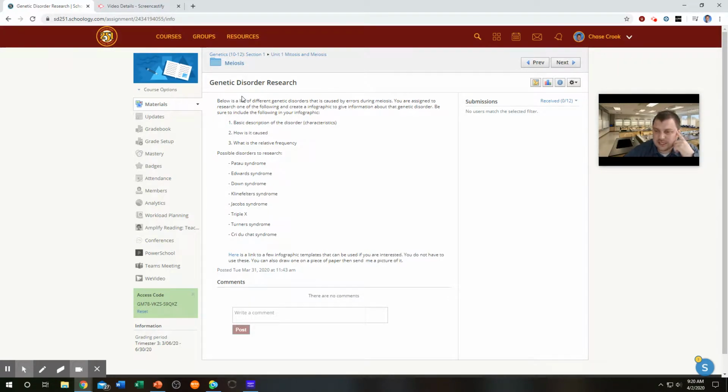So you guys, we're on this topic of meiosis. Sometimes errors do occur in meiosis, and when those errors occur, sometimes they can cause different genetic disorders. Here is a list of some genetic disorders that can occur due to errors in meiosis, and I want you guys to explore these a little bit.